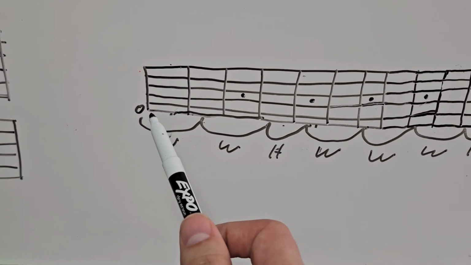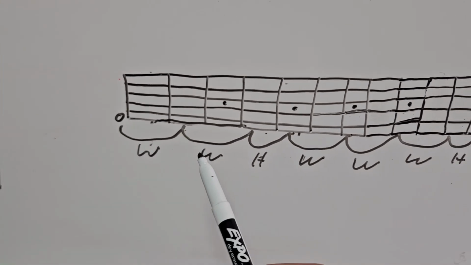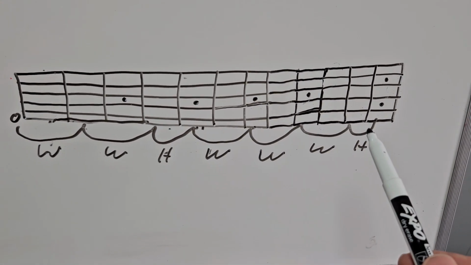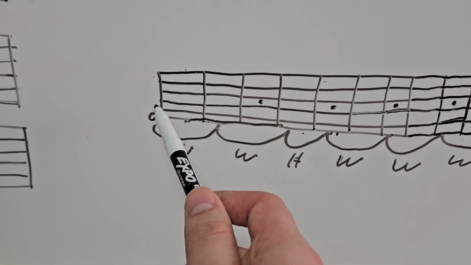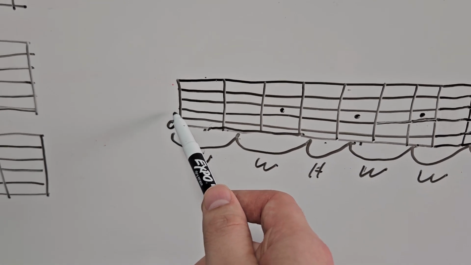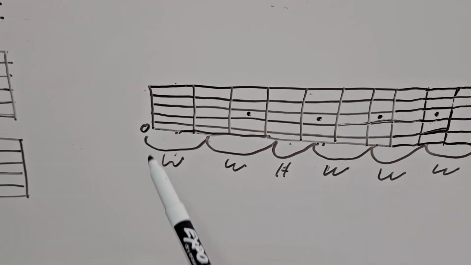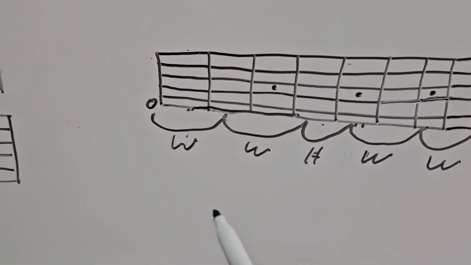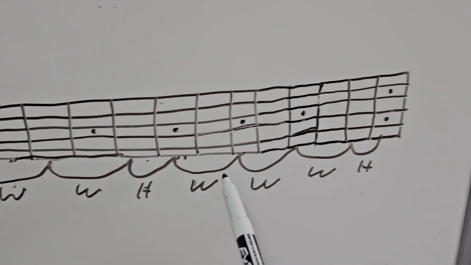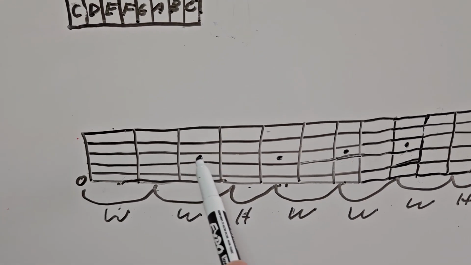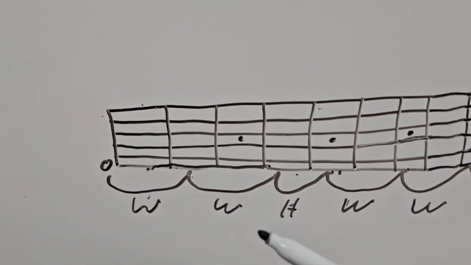So right now it's on the open E string. So this is E major. If you want to do an A major, you can move it down to the A string. Alternatively, if you wanted to play in, say, G major, you just take this whole pattern and budge it up to the 3rd fret where our G note is.